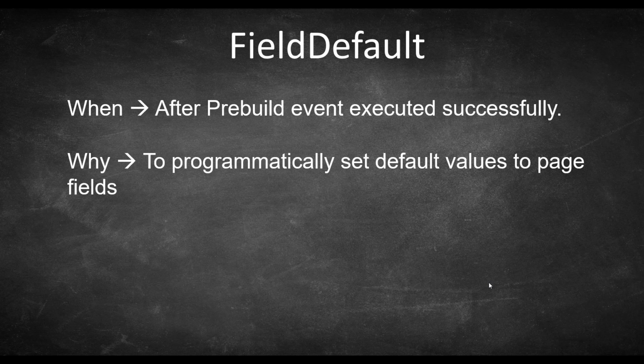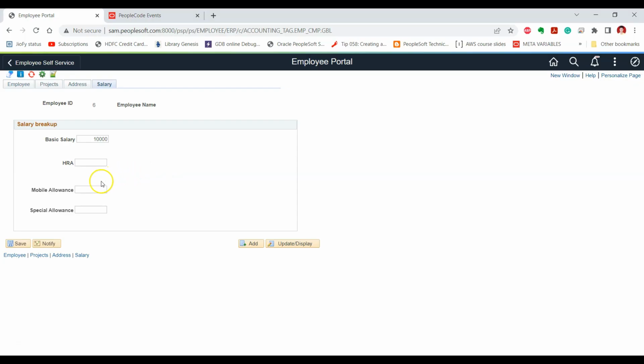However, here our default value depends upon some other fields. For example, the default value for HRA depends upon the basic salary of an employee. Hence, we need to write the logic to calculate the HRA based upon the basic salary of an employee. Hence, we will use the field default event.